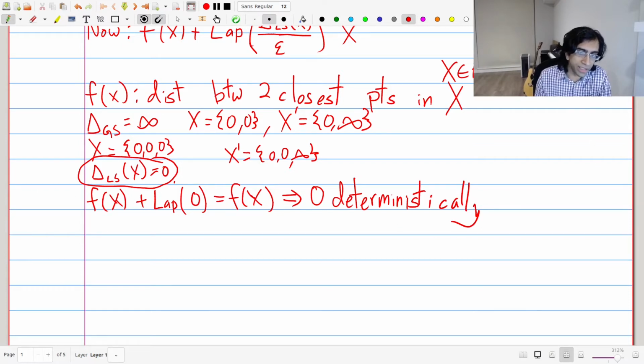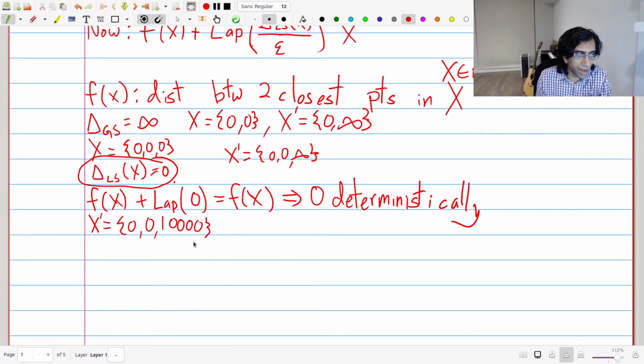But the question is, will it be private? And the answer is no. We'll see a sort of vague example. I'm not going to formally prove that it's not private, but it should be pretty easy to see. We're going to illustrate why. Consider the input x prime equals 0, 0, say 10,000.